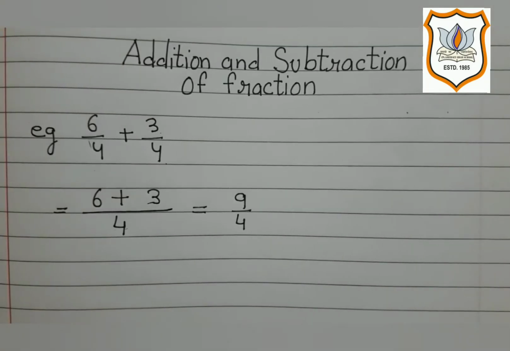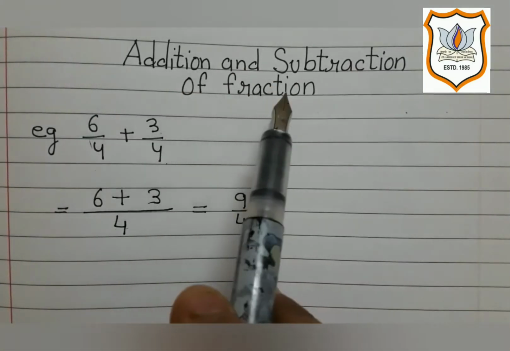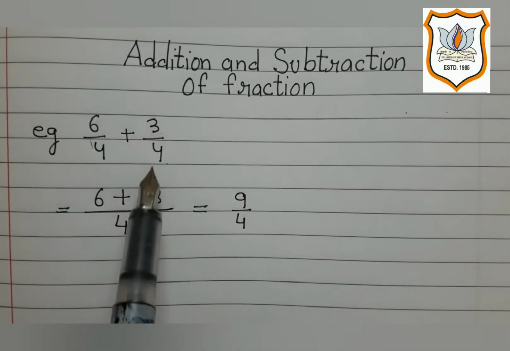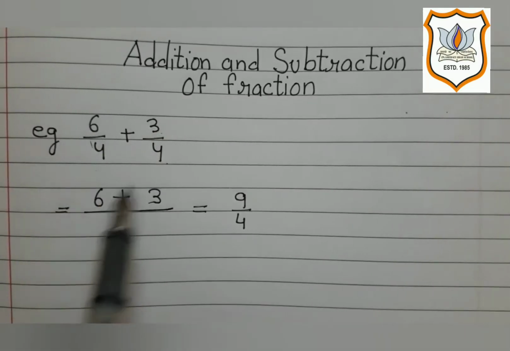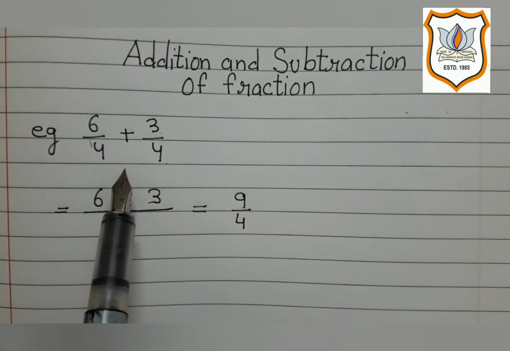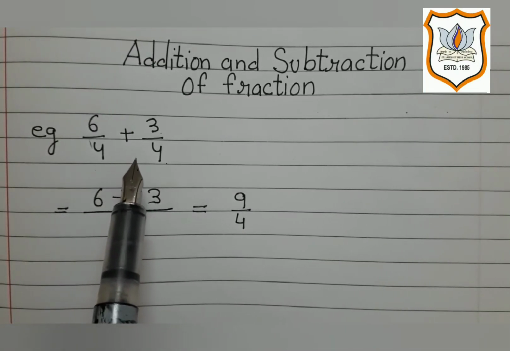Now our next topic is addition and subtraction of fractions. Example is 6 upon 4 plus 3 upon 4. If the fractions have the same denominator, here the denominator is 4, we call them like fractions. Because they have the same denominator, addition of fractions with like denominators is very simple.